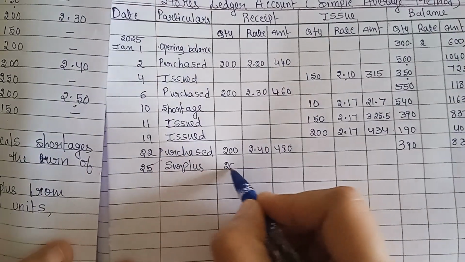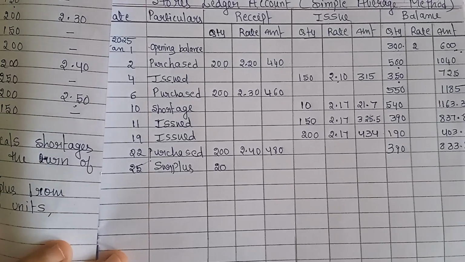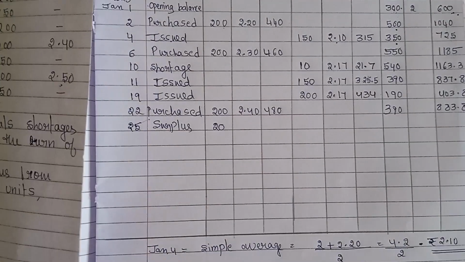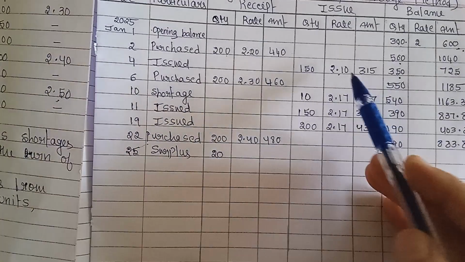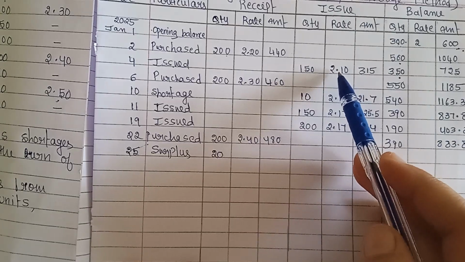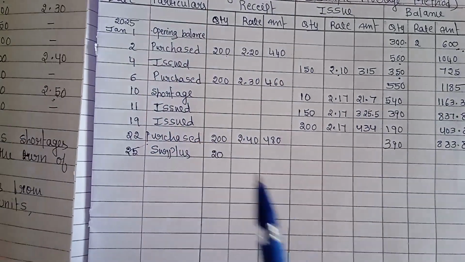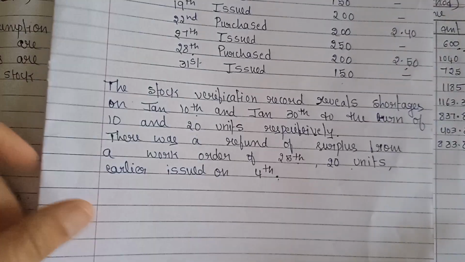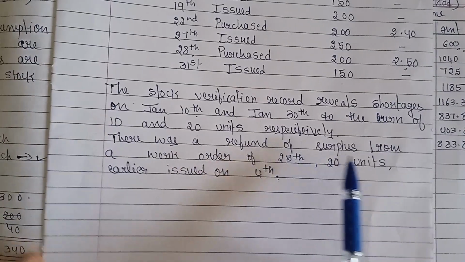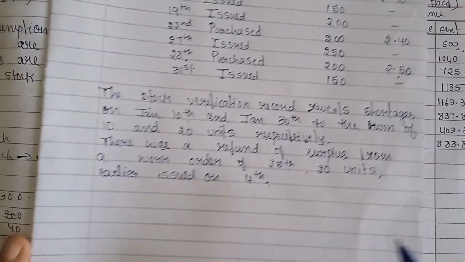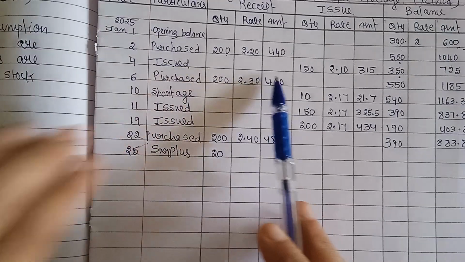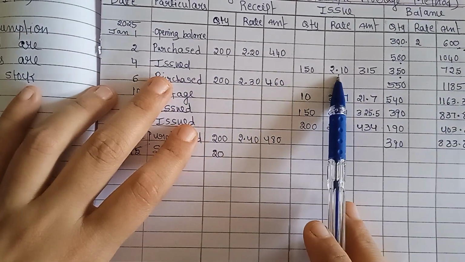Here earlier we issued 150 units. In this we received surplus of 20 units. Write down here 20 units. At the rate of which rate we need to write down here? See, on Jan 25th you had a refund of 20 units at the rate of rupees 2.10 from the Jan 4th issue, because in the problem they clearly specified there was a refund of surplus from a work order of 25th 20 units earlier issued on 4th, means earlier issued on 4th we apply 2.10 rate.